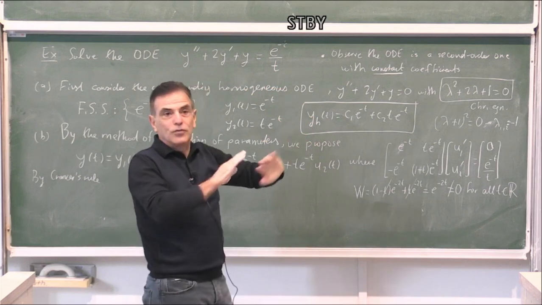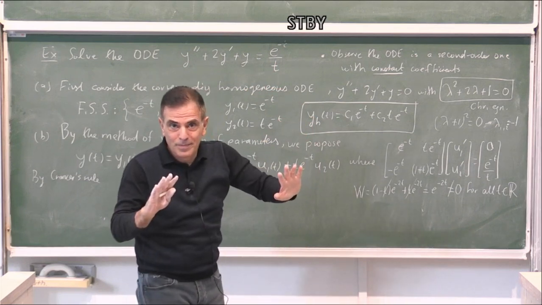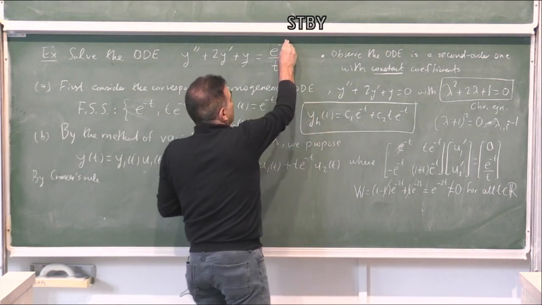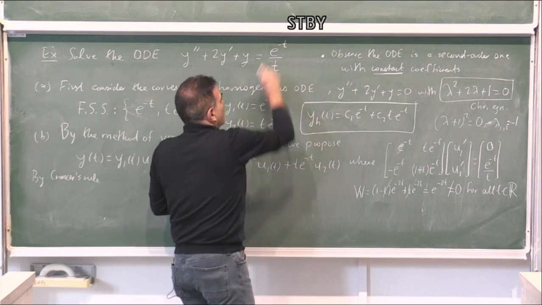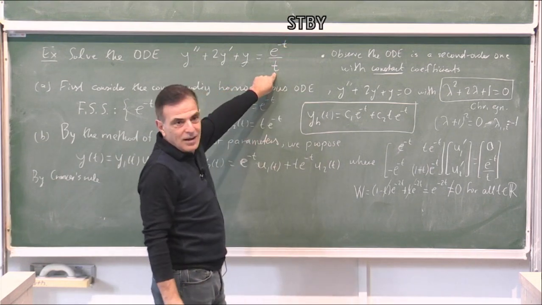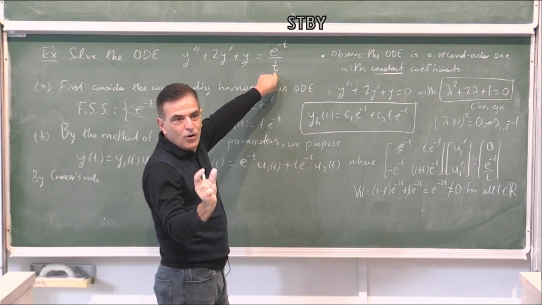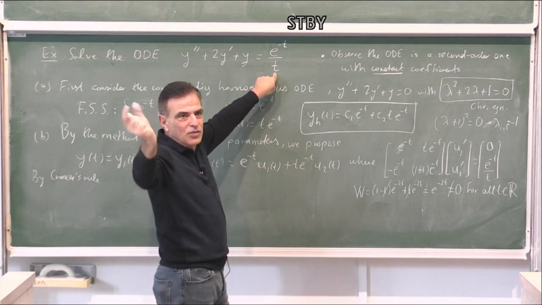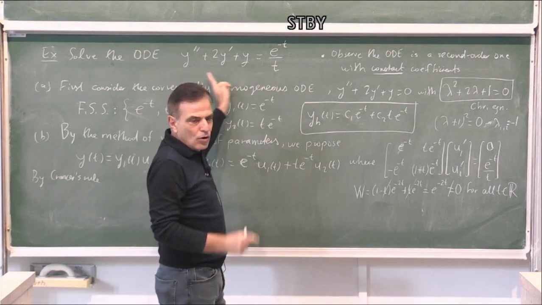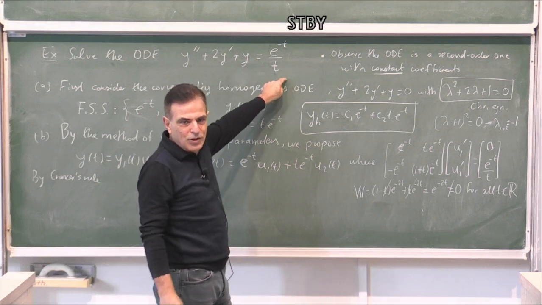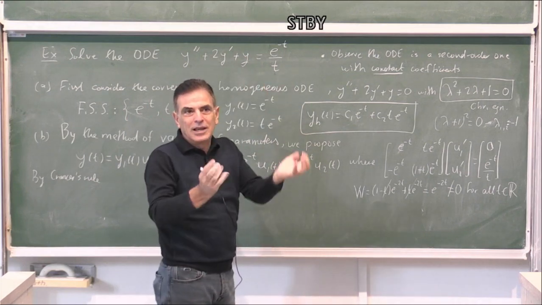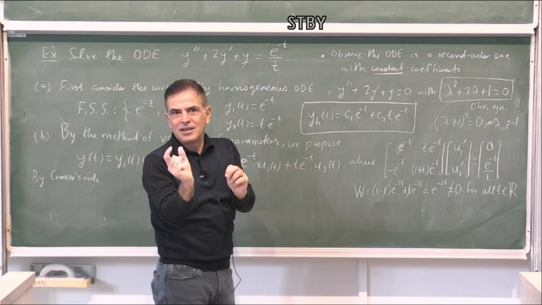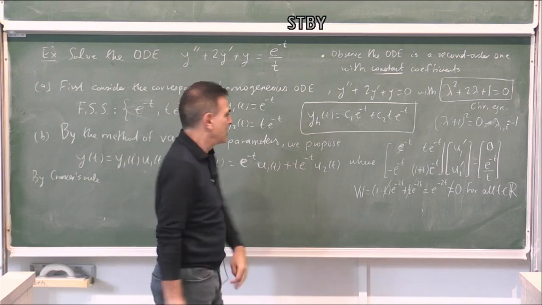So the solution of the non-homogeneous system is defined either for t interval from 0 to infinity, or t interval from minus infinity up to 0, excluding the point at the origin, t equal to 0.